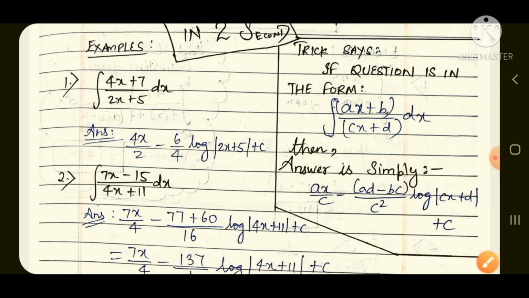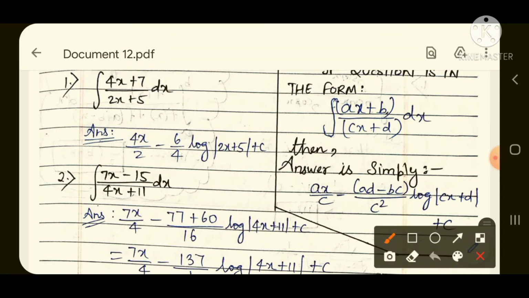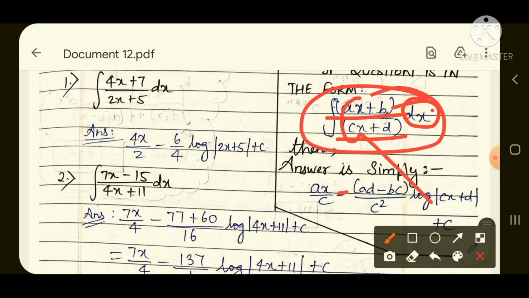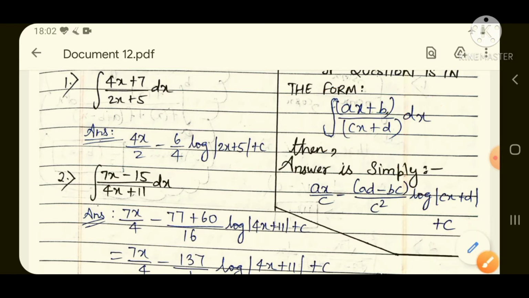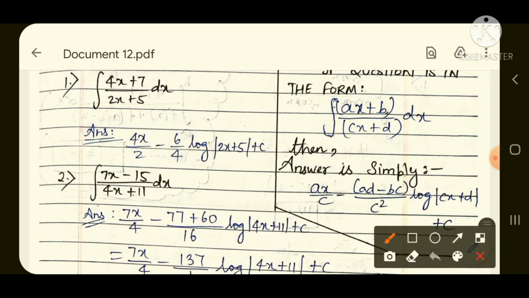So friends, for this, first the question format should be this. See, integration of (ax plus b) by (cx plus d). Then the answer is simply ax by c, minus ad minus bc. Ad, this is our a, this is our d.